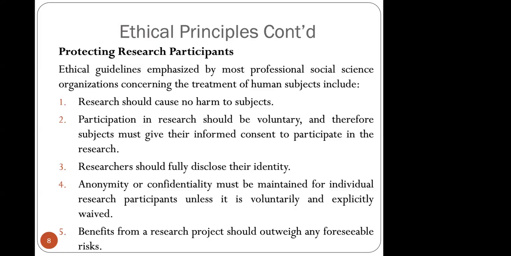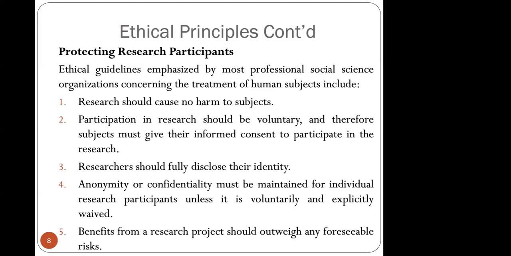So if the person says, yes, I'm going to participate, you give the person the consent form, and the person will write his name and sign. It means that the person has shown what? Consent. But if you don't do that, you cannot conduct research on any human being whatsoever.